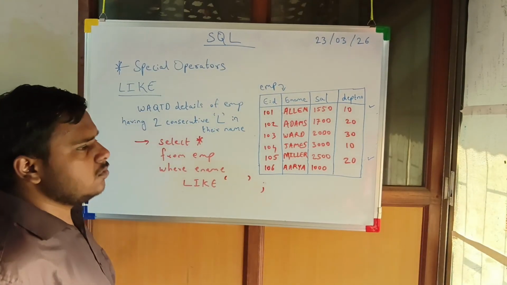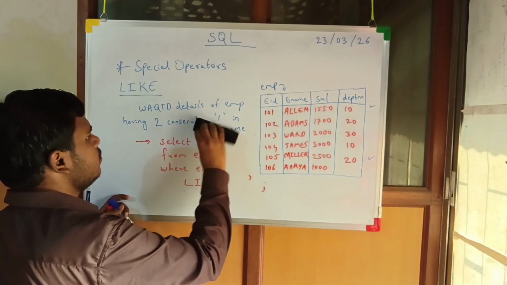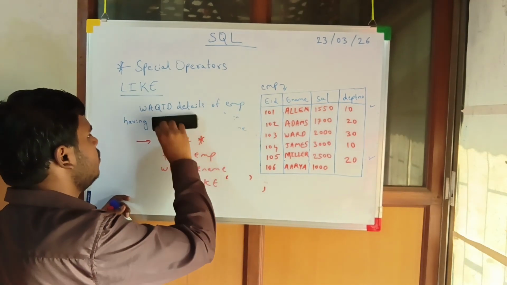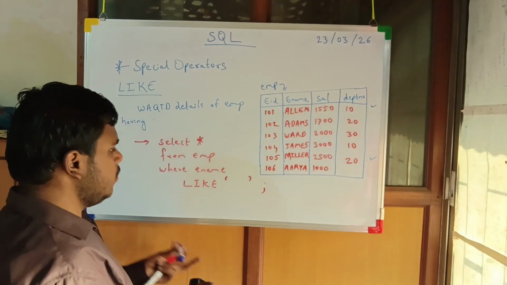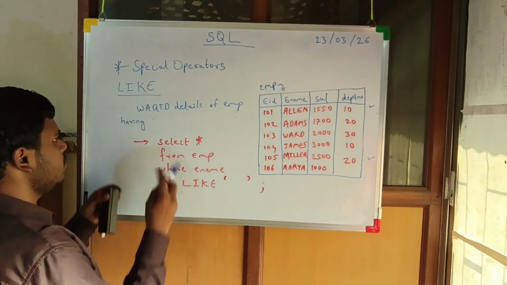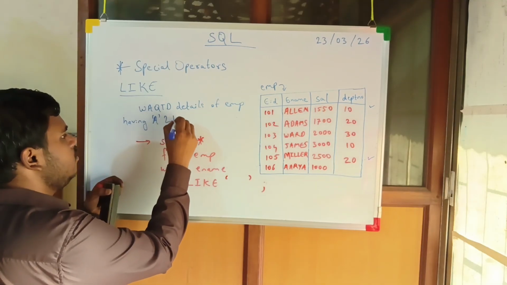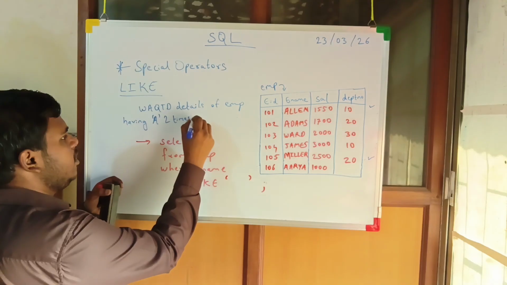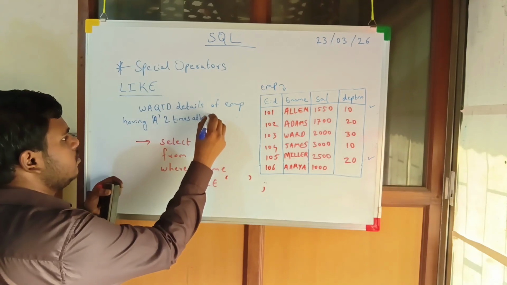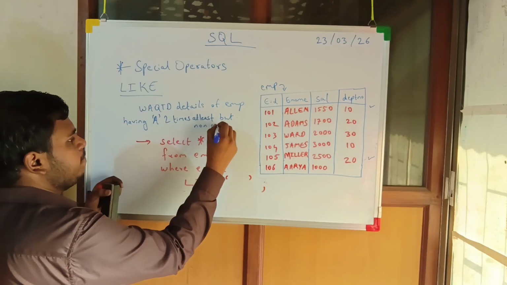So consecutive, okay. Now if I give you a question having a character two times at least, but non-consecutive.